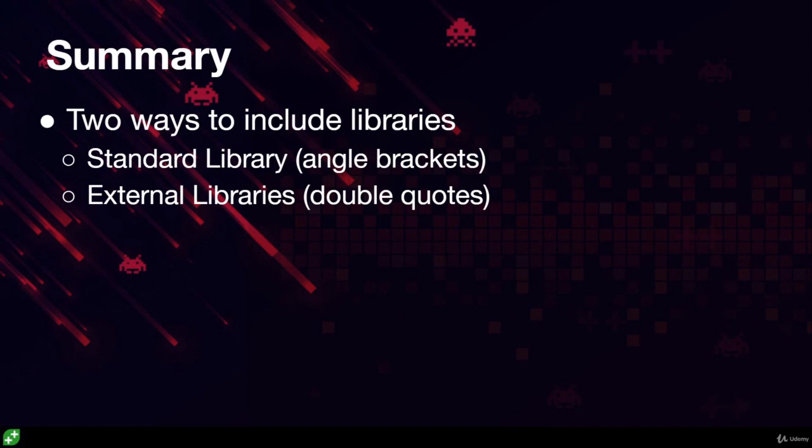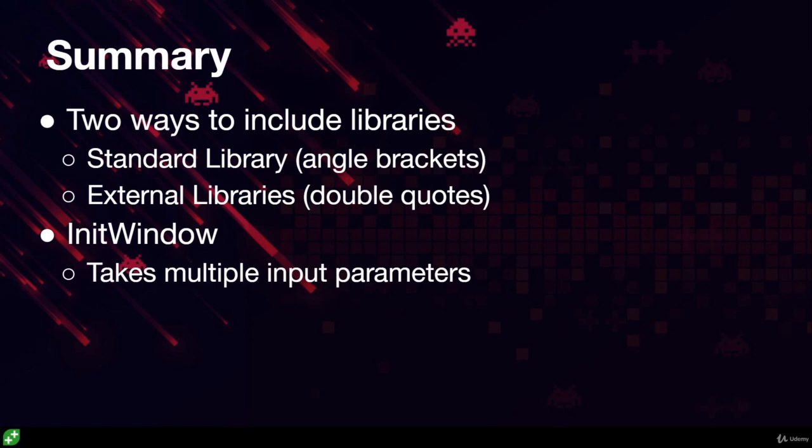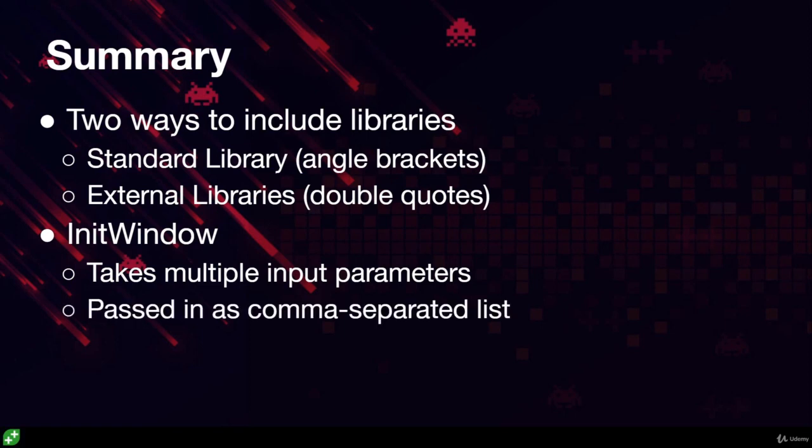We made a function call to init window, a function that takes multiple input parameters, and we learned that we pass multiple parameters into a function's parentheses as a comma-separated list. We made our pop-up window, but it disappeared right away. So in the videos to come, we're going to work on keeping that window open and displaying some interesting things inside of it.